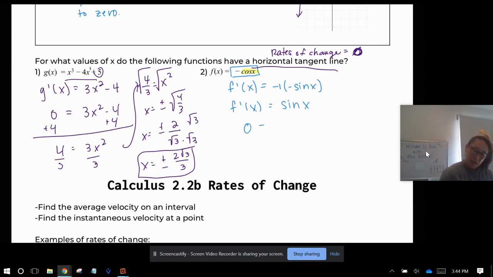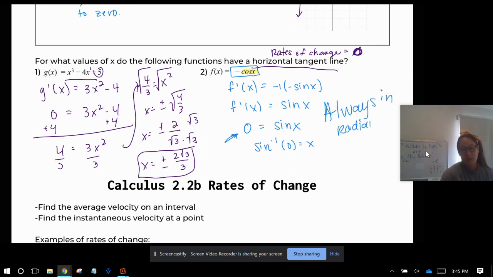So take our derivative, set it equal to 0 to figure out when the rate is 0. Okay, so sine x equals 0, we solve by doing sine inverse of 0 is equal to x. Oh, in calc, we're always in radians. Don't listen to Miss Stewart. She makes you switch back and forth. But in calc, we're always in radians.